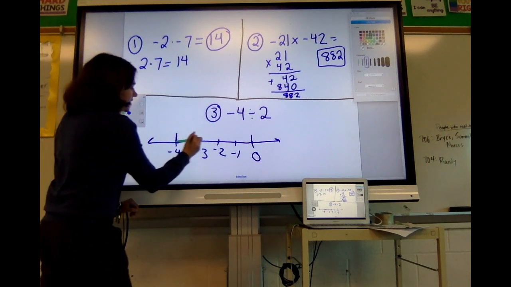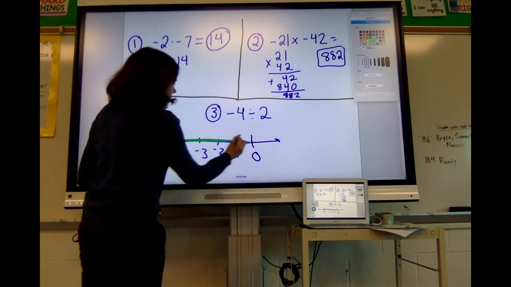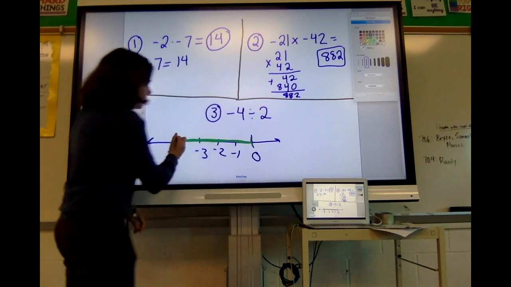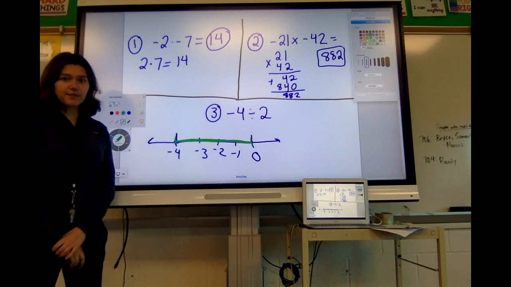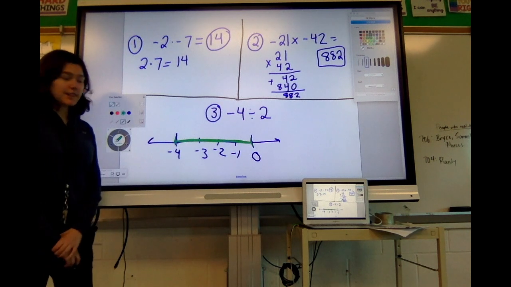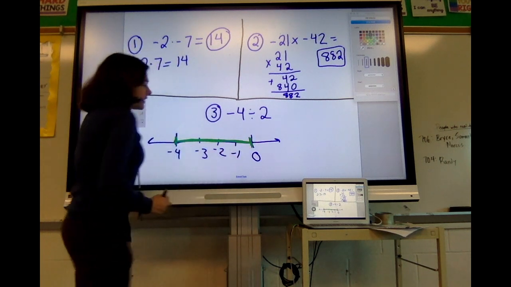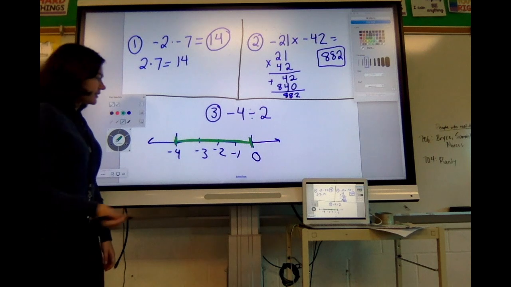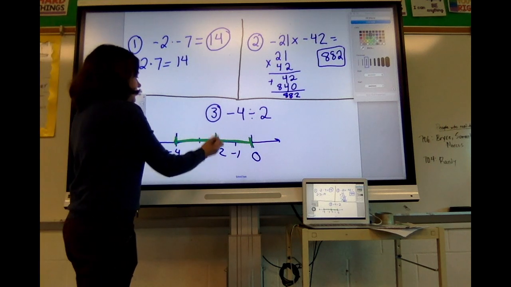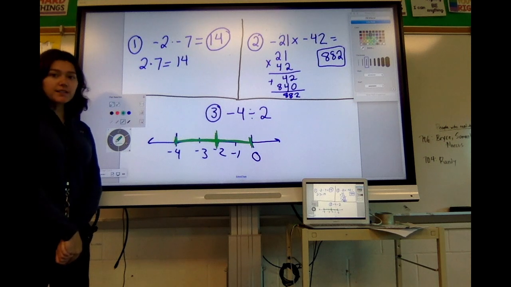Negative 4 is this section, from 0 to negative 4. So we're moving 4 in the left direction. And then if I'm dividing that by 2, that means I'm going to come in my section and split it into 2 equal parts. Split it right here, right in the middle, split it in half, 2 equal parts.